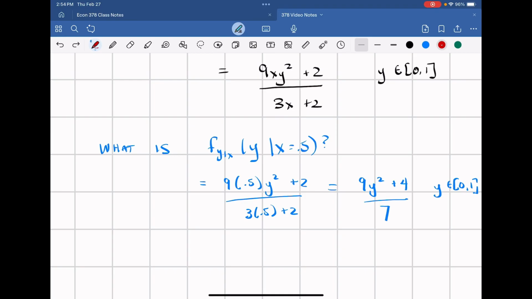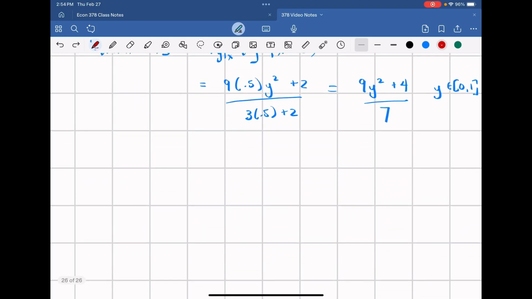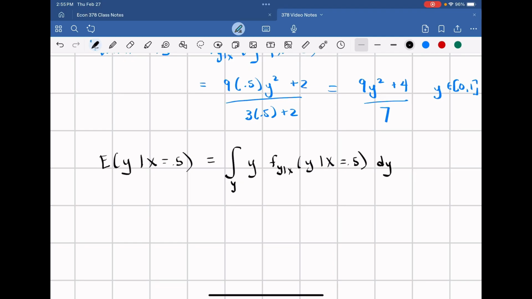We might not stop with just the distribution. We might ask ourselves, what is the expected value of y given that x is equal to 0.5? We'll follow a similar pattern as before. This is equal to the integral over the domain of y of y times the conditional distribution of y given that x is equal to 0.5, dy.